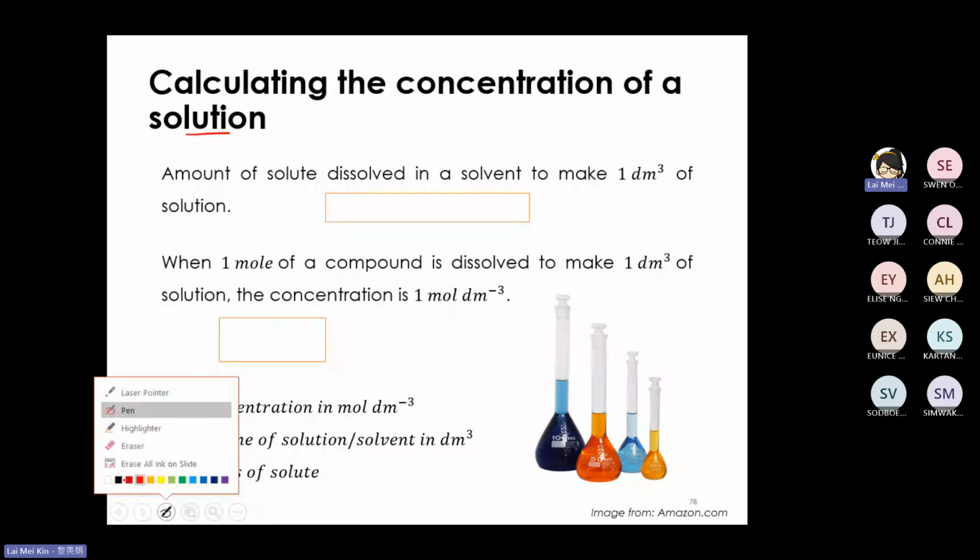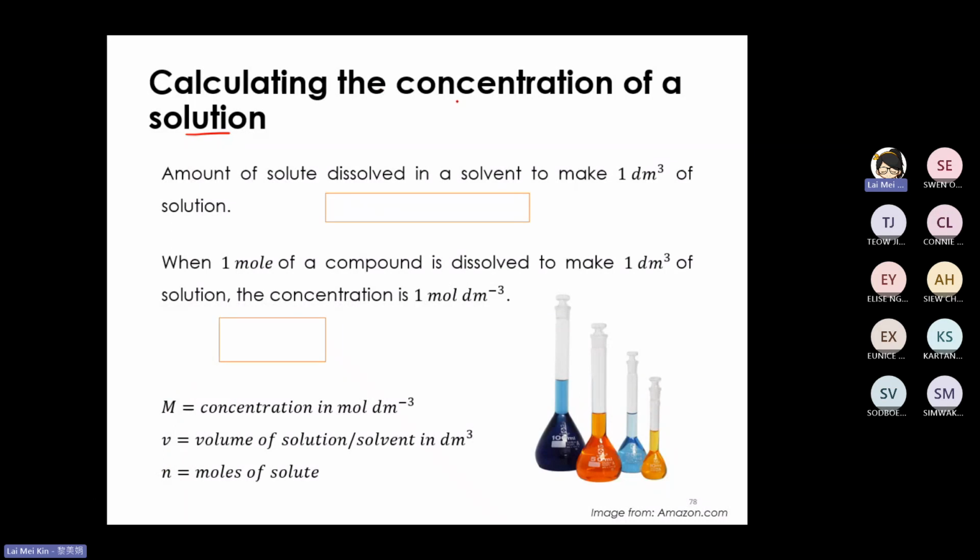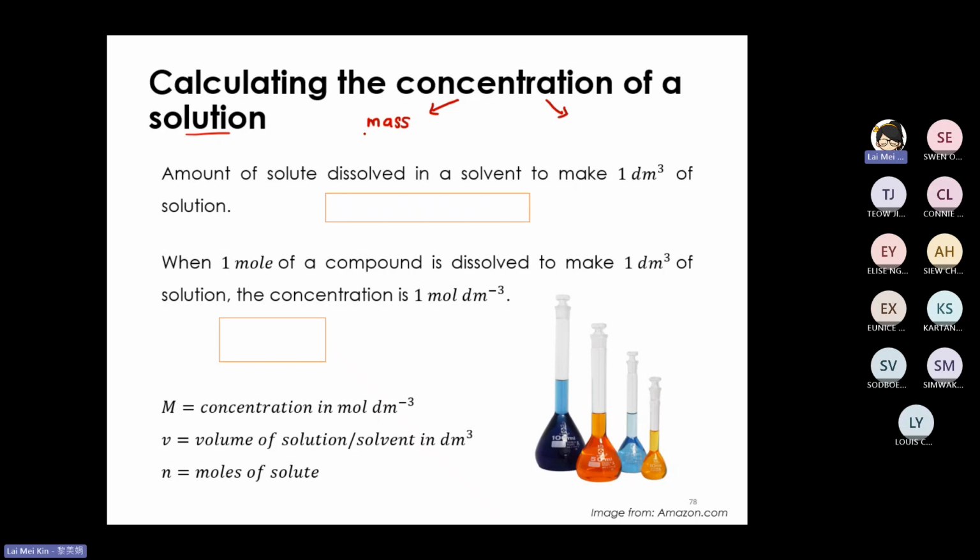Starting with concentration, there are two types of concentration. The one that you're more familiar with is concentration regarding the mass. When you have mass over volume, what do you think is the unit? Gram per decimeter cube.